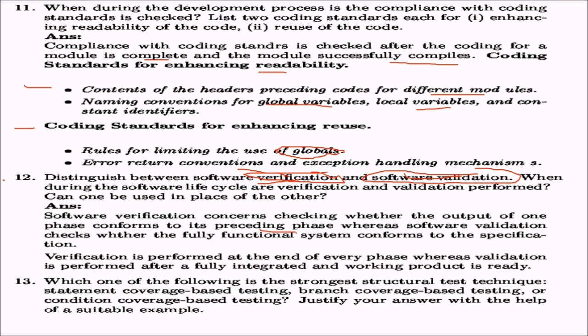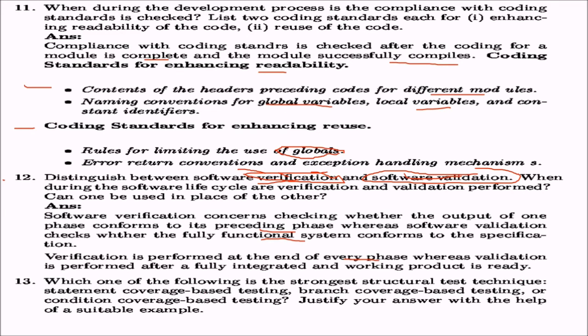So it is a phase-wise affair. While software validation checks whether the fully functional system conforms to the specification. So verification is performed at the end of every phase, while validation is performed after a fully integrated and working product is ready. Only then can we check whether the functional or non-functional properties are met.